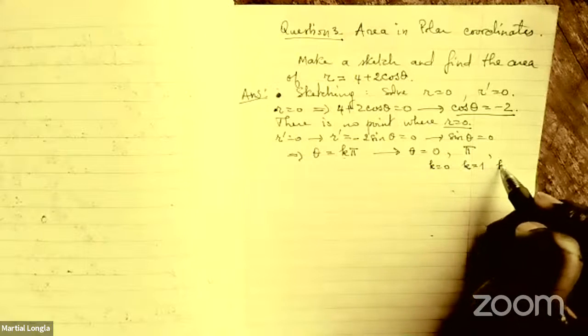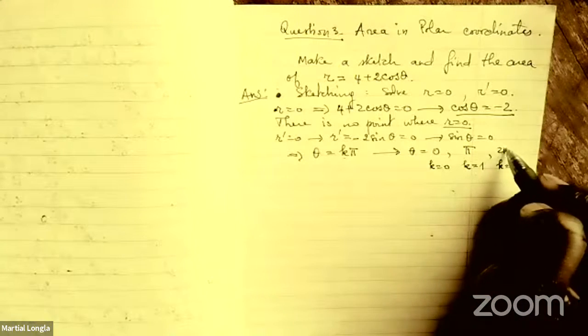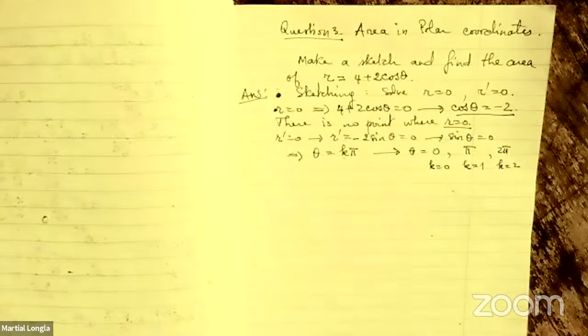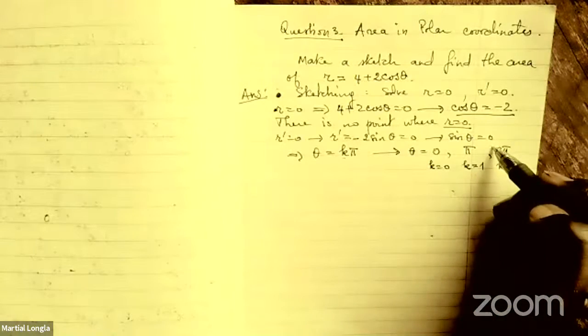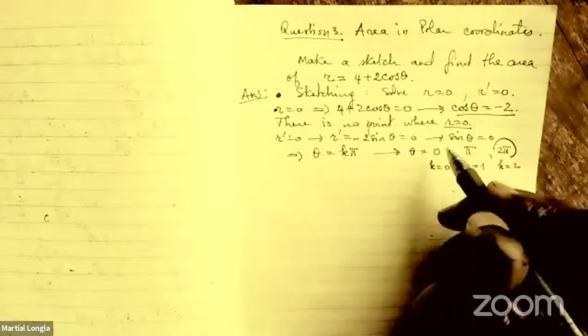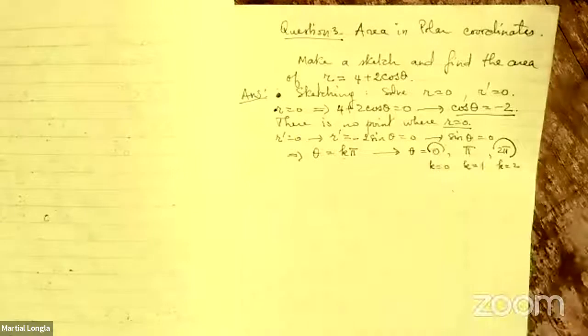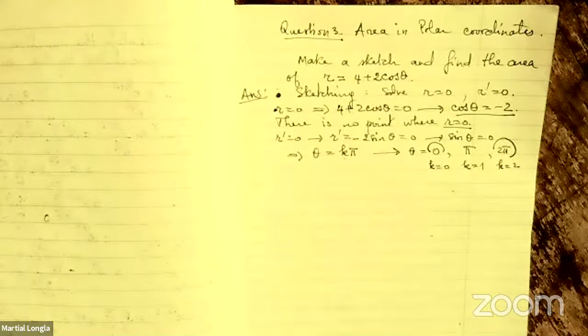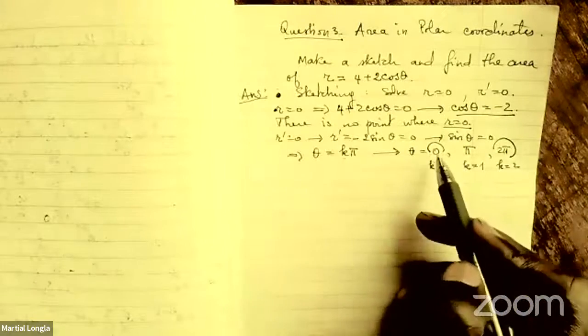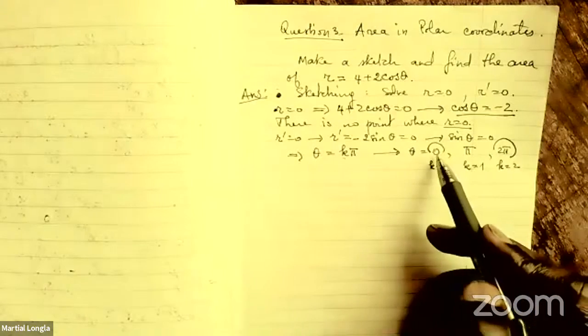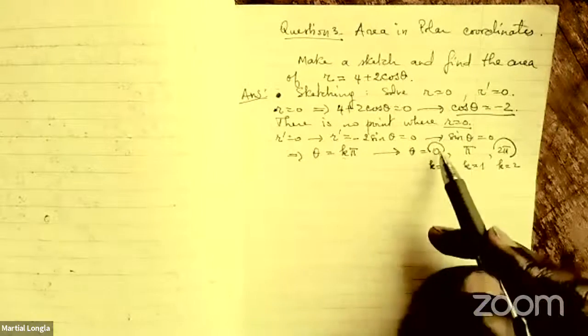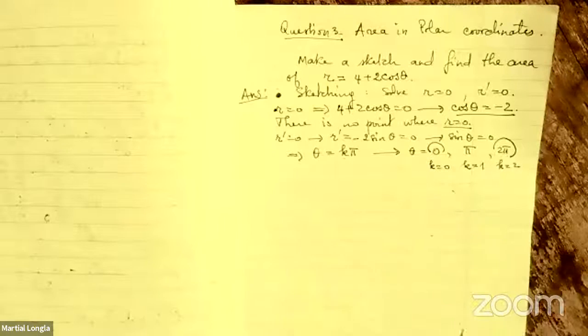And if you plug in k equals 2, you get 2 pi. In terms of polar coordinates, 2 pi and 0 represent the same point in angles. So you have restarted at this point, so there's nothing else. There are only 1, 2, 3 options with the two end points being the same.